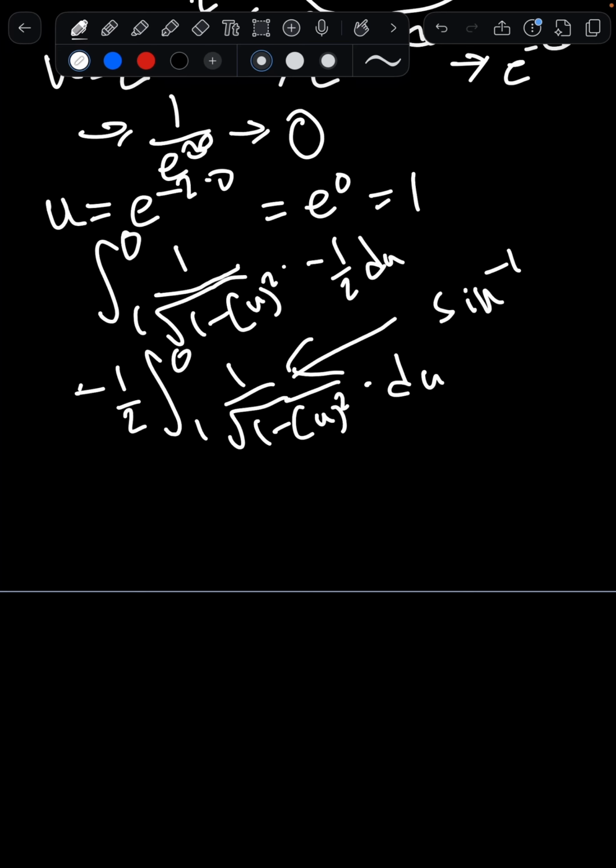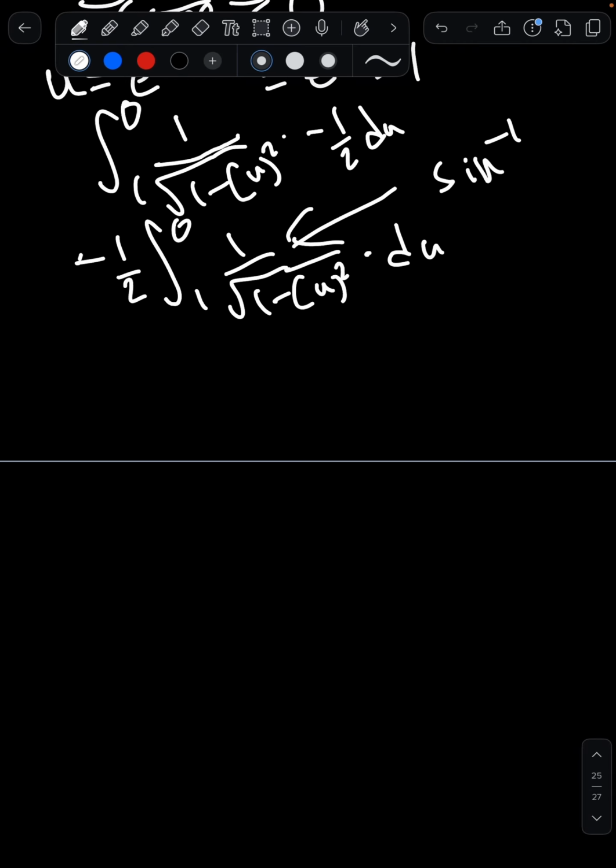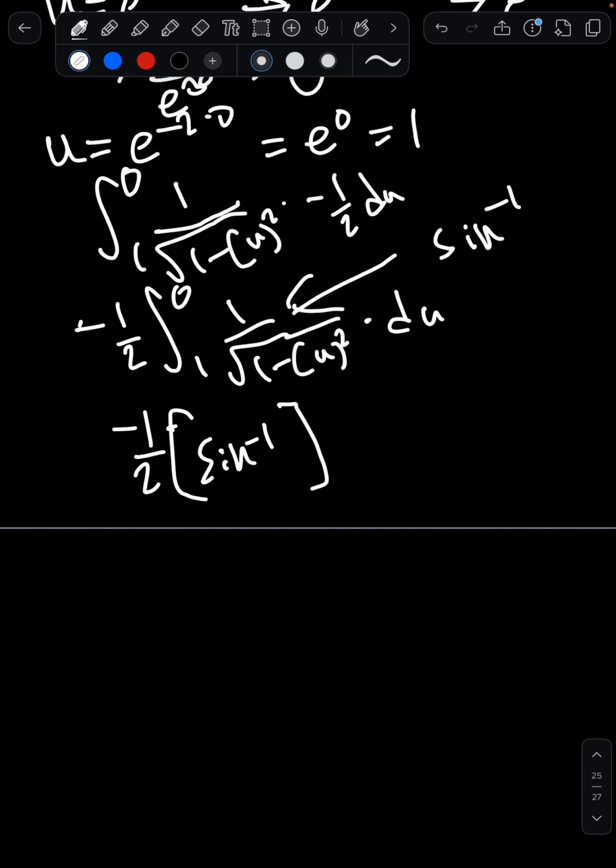So we know that the integral of it will be inverse sine. So we now have negative 1/2 times inverse sine, right? And I'm going to just point this out for future reference, that it's actually the inverse sine of x over a, for 1 over the square root of a squared minus x squared.